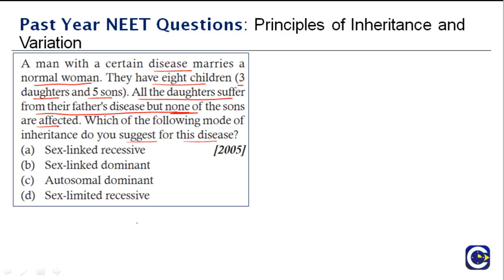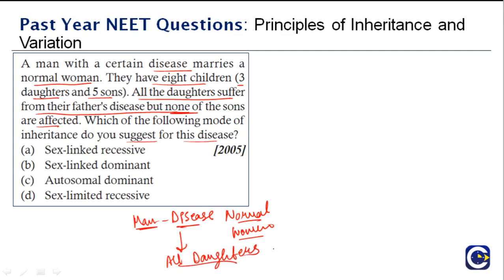So the man has the disease and the woman does not, and when they produce kids, all daughters have it and none of the sons are affected. Is it sex-linked recessive, sex-linked dominant, autosomal dominant, or sex-limited recessive? So what is the right answer here?